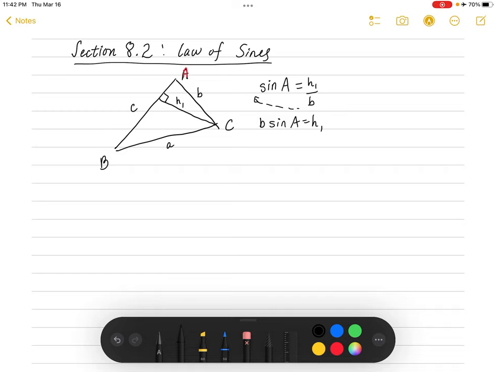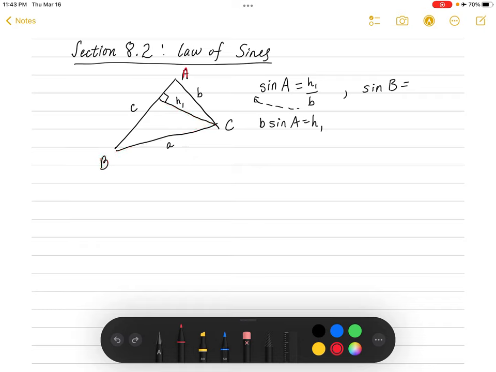Now something else we can find here. We can find the sine of big B. So here I got big B, and the sine would be opposite over the hypotenuse, right?